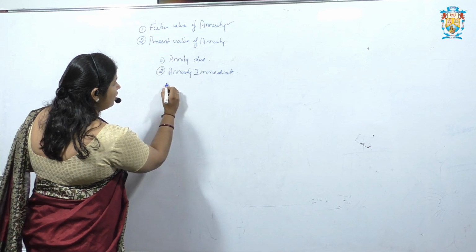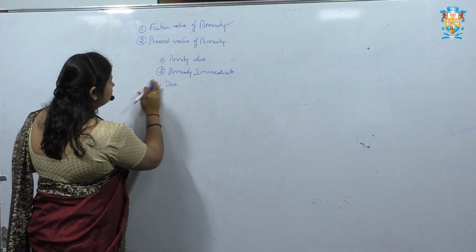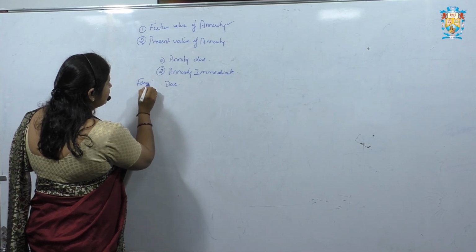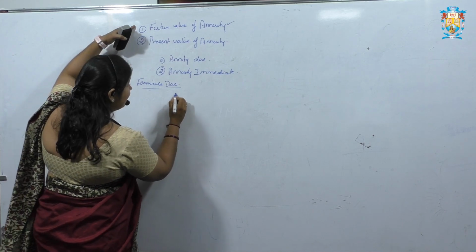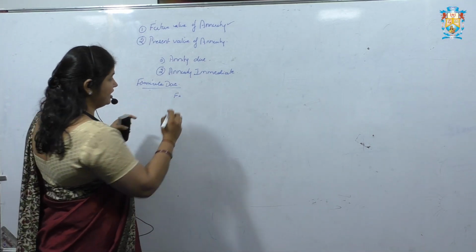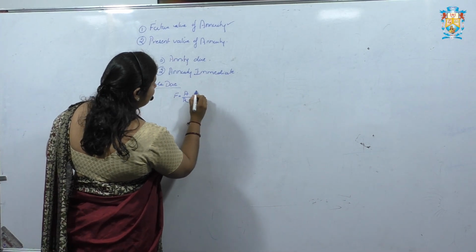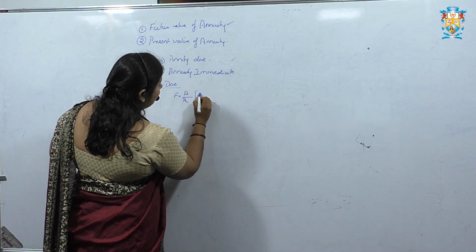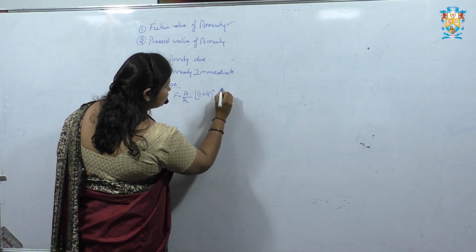First let me tell the formula to calculate annuity due. Here I am finding the future value. So I am writing F equals A divided by R, into (1 plus R) to the power of n minus 1, into (1 plus R).